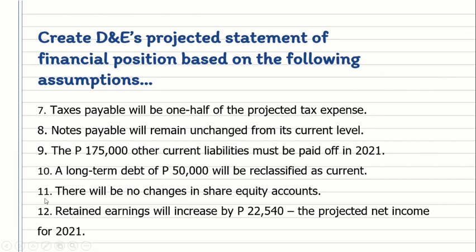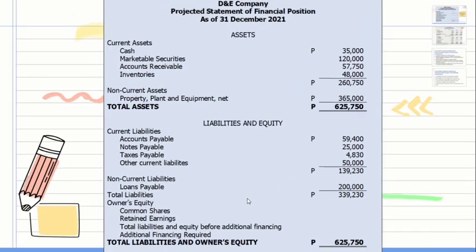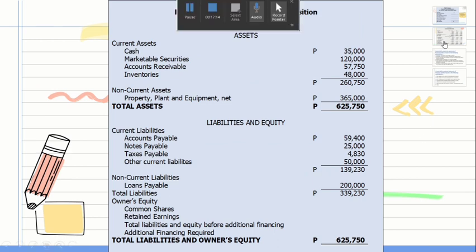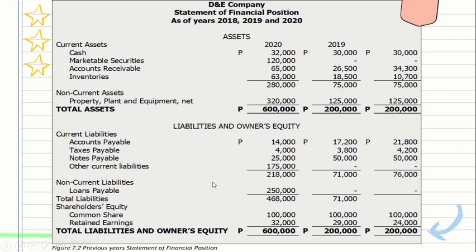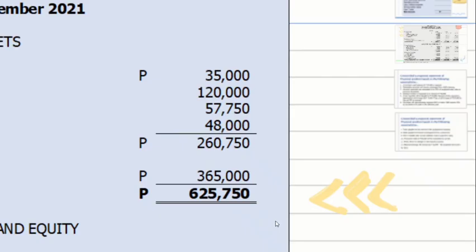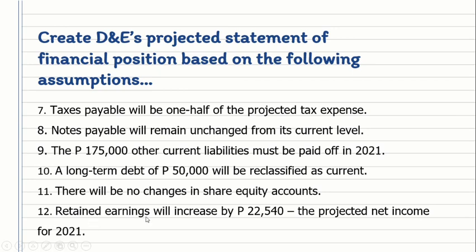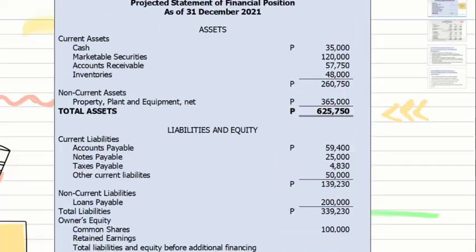Next, our 11th assumption, there will be no changes in share equity accounts. So, ang atong common shares is as is siya from our 2020 na balance. So, we have 100,000. Common shares, 100,000. Unya, lastly, ang atong retained earnings. It will increase daw by 22,540, which is our projected net income sa atong previous illustration.